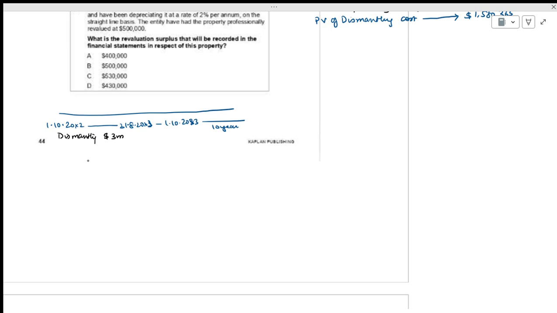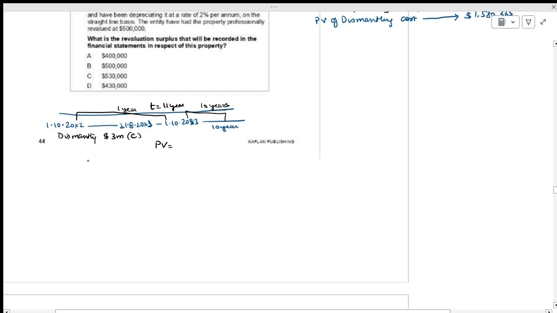Apart from that, they should also calculate the interest amount. For the dismantling cost, from here to here is 1 year, and from here to here is 10 years. When you are doing the present value, C is the cash flow and T is 11 years, the total number of years.